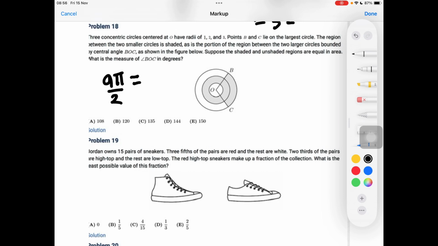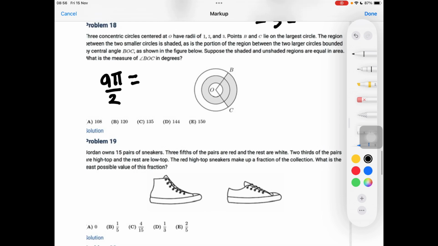I don't want to calculate shaded and unshaded individually. I'll just do it like this. So here and shaded, let's say here first. Then 4 pi minus 1 pi plus. So now we don't know the central angle.